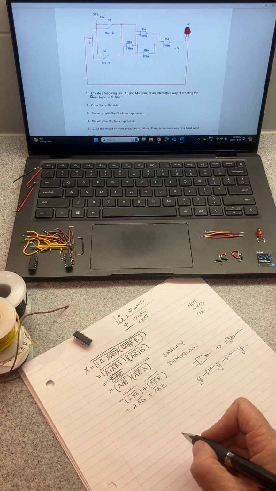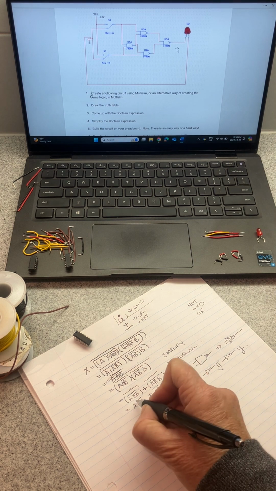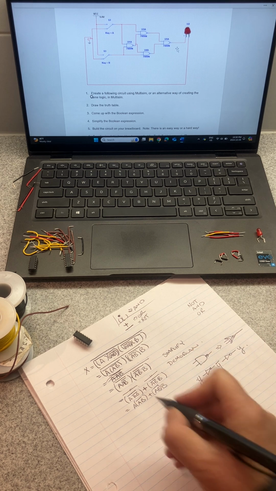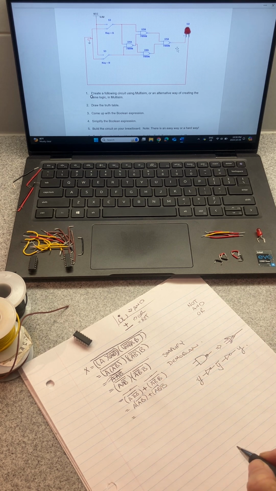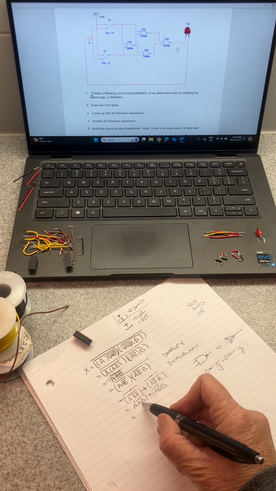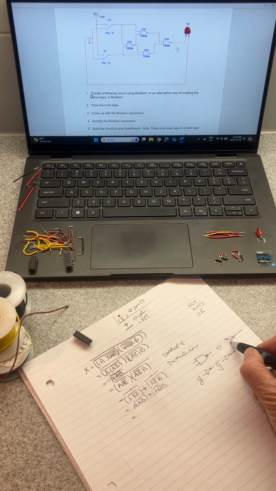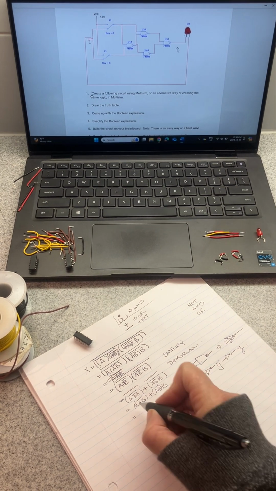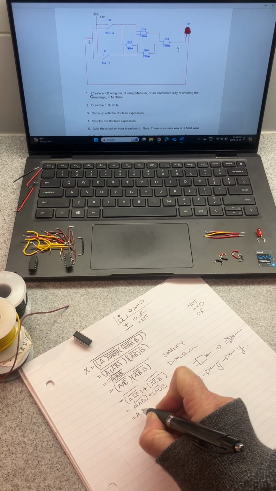All right, now if I look at this separately and this separately, what if I do De Morgan's theorem again on that? Again, I say that this NAND situation is the same as 2 inverted inputs going into an OR situation. So that is true. So let me do that.